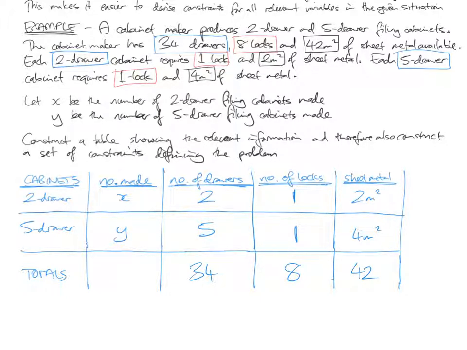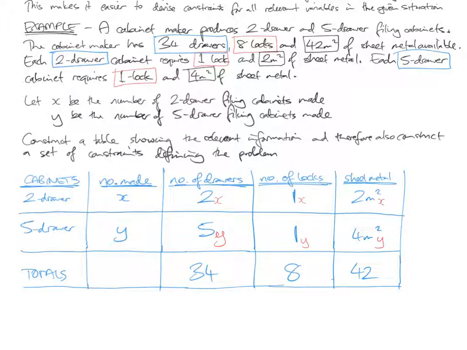So how is this useful? Well, to define the constraints, all you're basically doing is timesing each of these numbers by the number made. So if you work your way down, 2x plus 5y must be 34, 1x plus 1y must be 8, and 2x plus 4y is going to be 42.